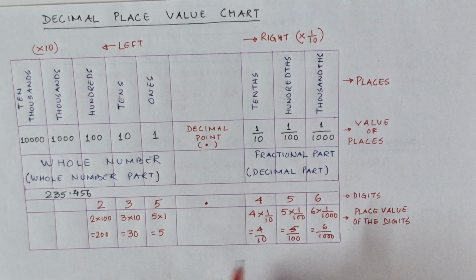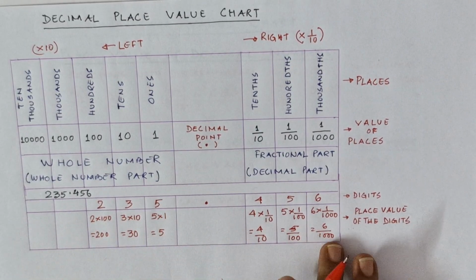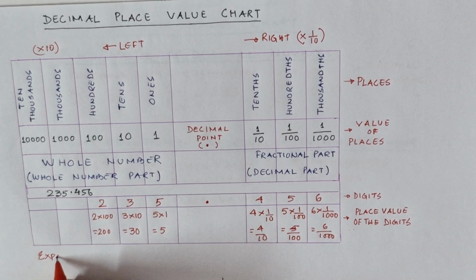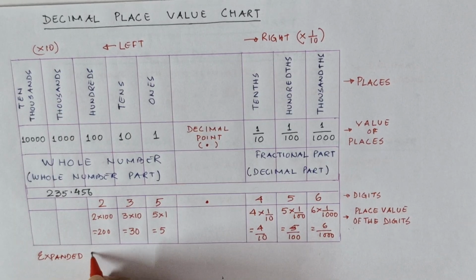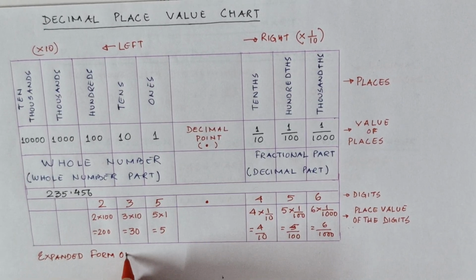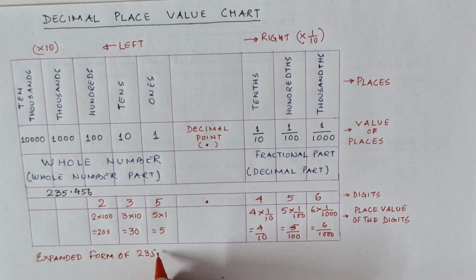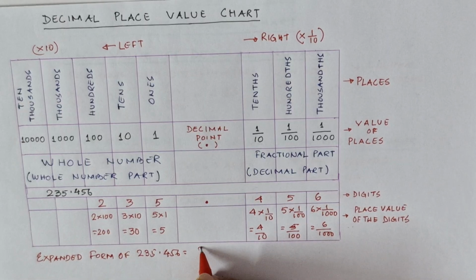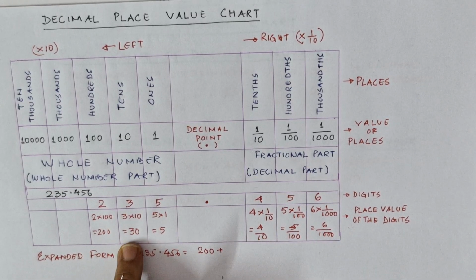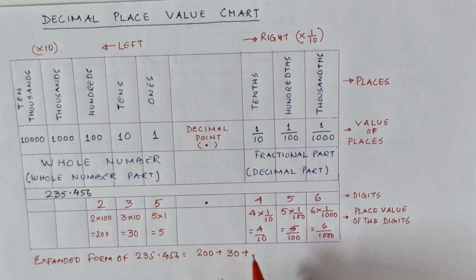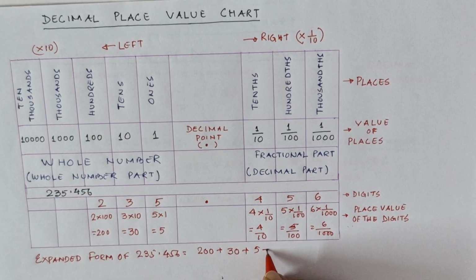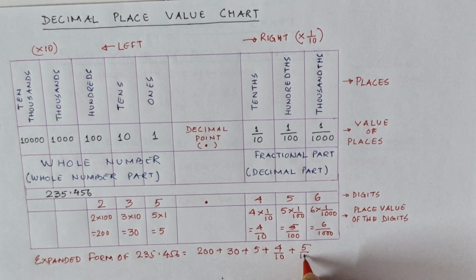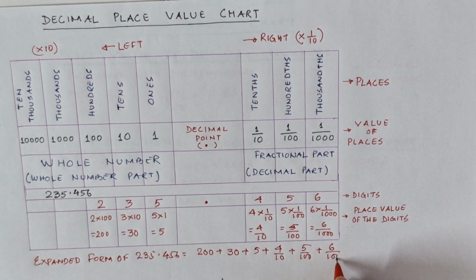Just follow this simple chart. Got it? Now, once we have done this, we can write here the expanded form of 235.456 as 200 plus 30 plus 5 plus 4 by 10 plus 5 by 100 plus 6 by 1000, right?